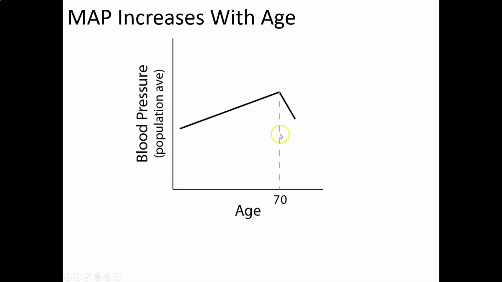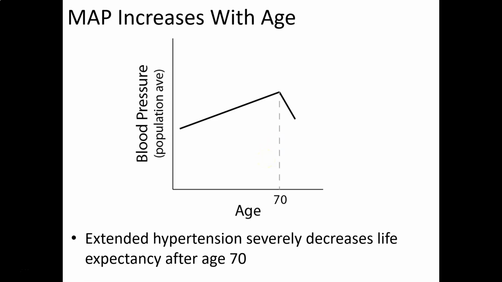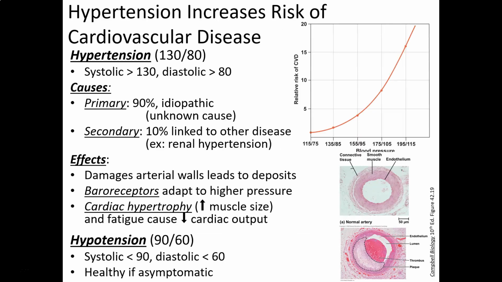So something to think about in terms of that and how important maintaining a proper blood pressure is for health, especially long term. So extended hypertension severely decreases life expectancy after age 70. So people who have high blood pressure in their 40s and never really get it fixed, by the time they get to 70, they're probably going to have heart disease and other problems, or certainly the potential is much higher than for someone who doesn't have that problem.